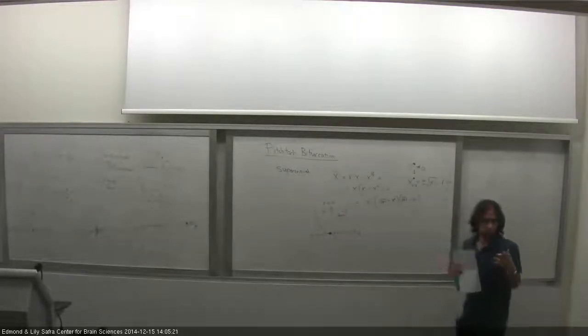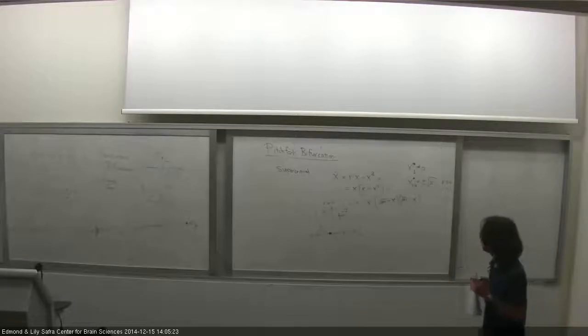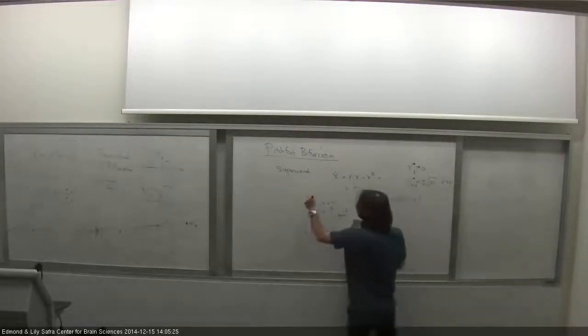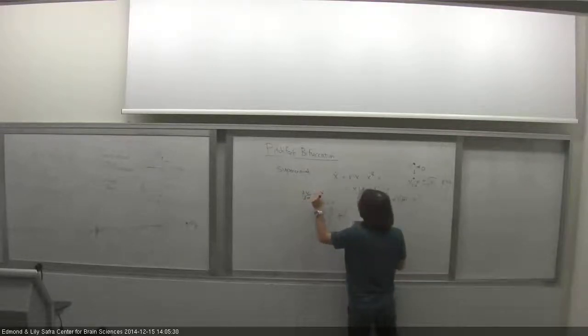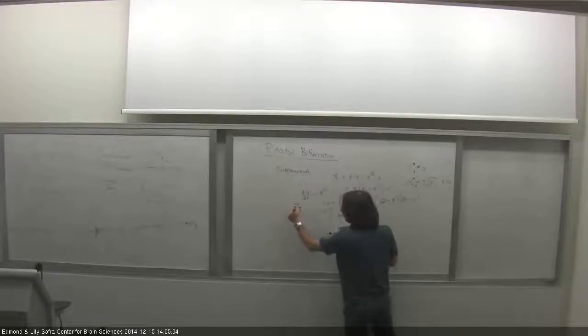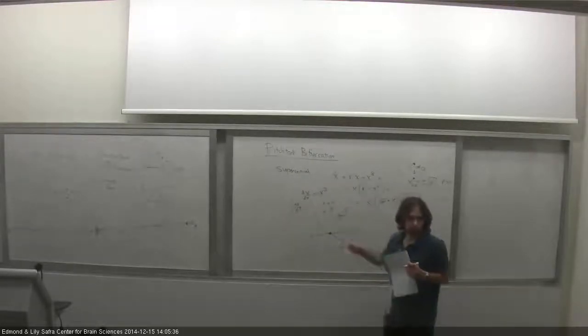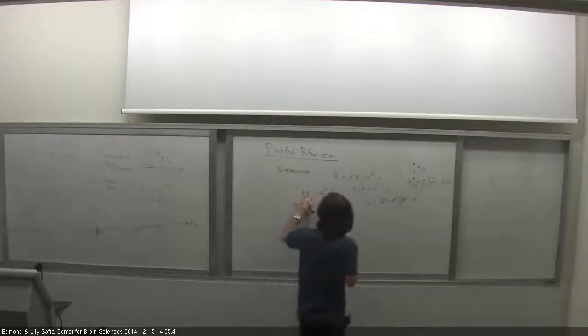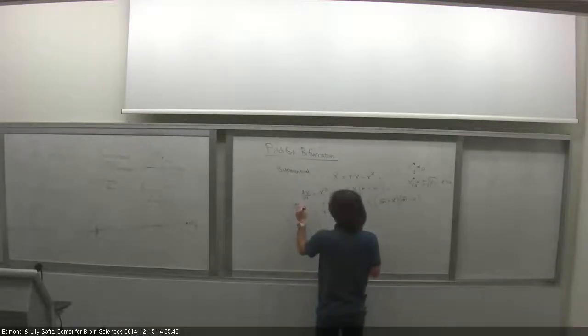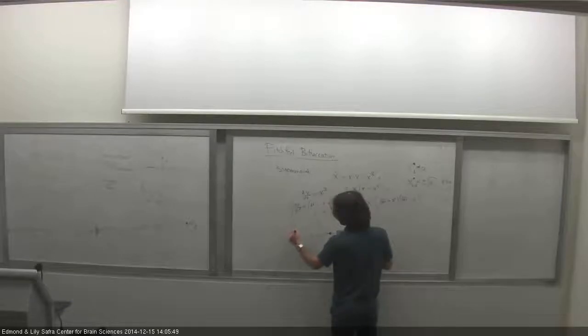So if you would try to integrate dx over dt equals minus x to the third, you will get dx over x to the third, and you'll have to integrate over this, and then this thing goes like x squared.